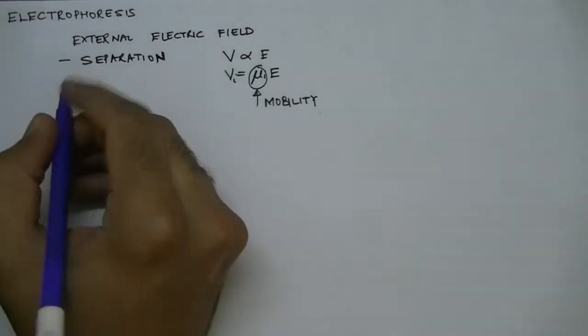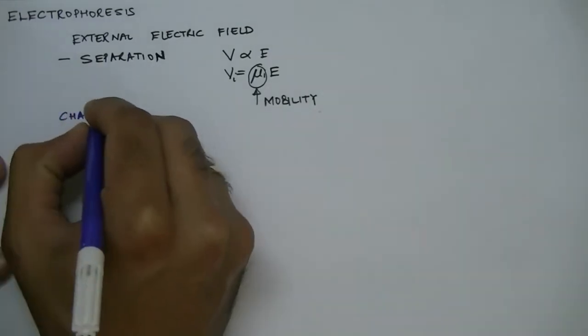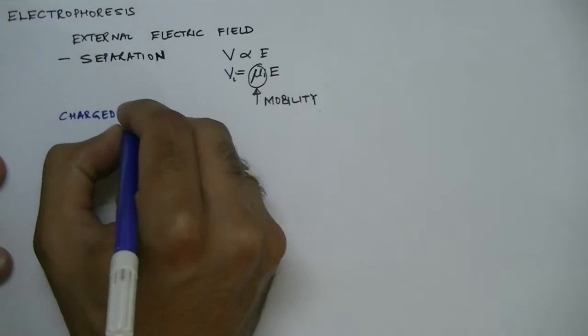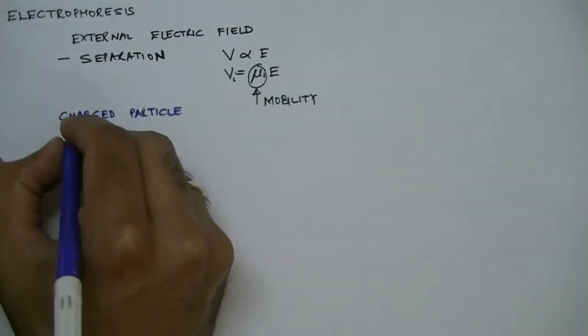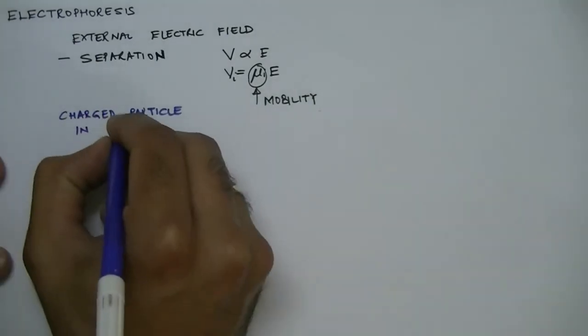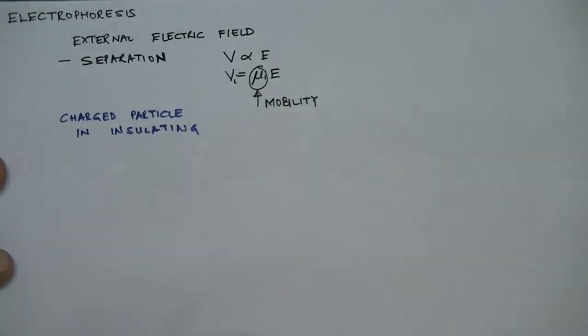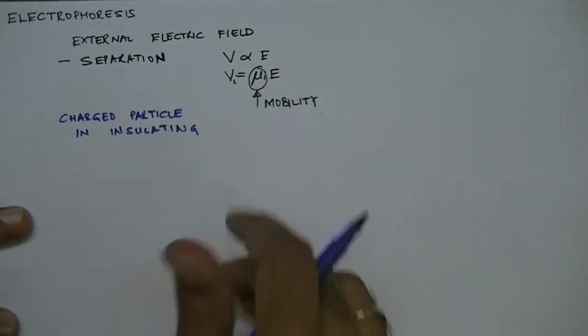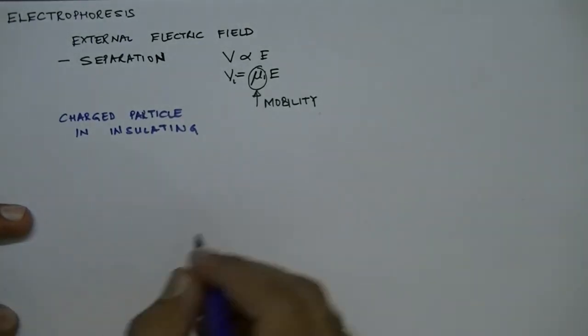Now, we have already seen that for a charged particle in an insulating liquid, the mobility can be obtained by balancing the drag force and the Coulombic force.